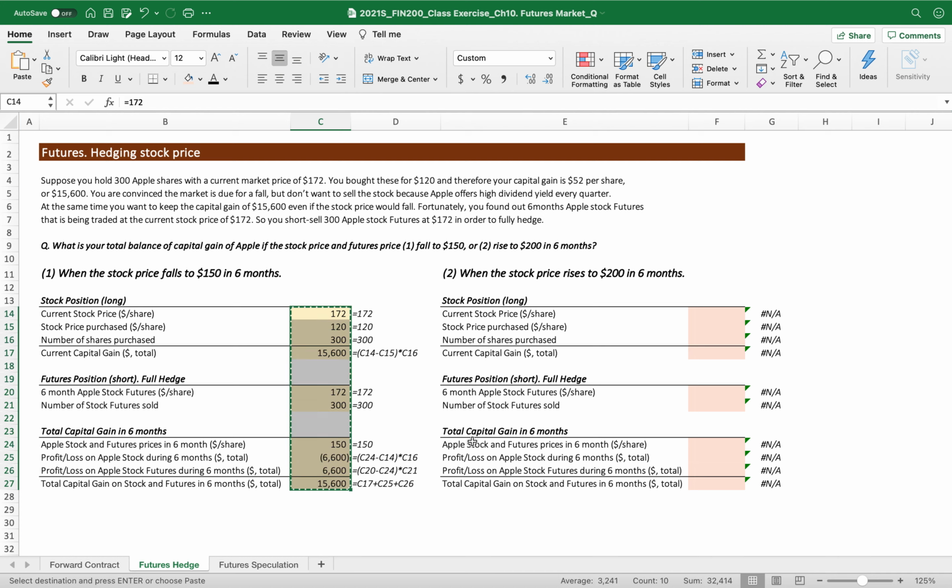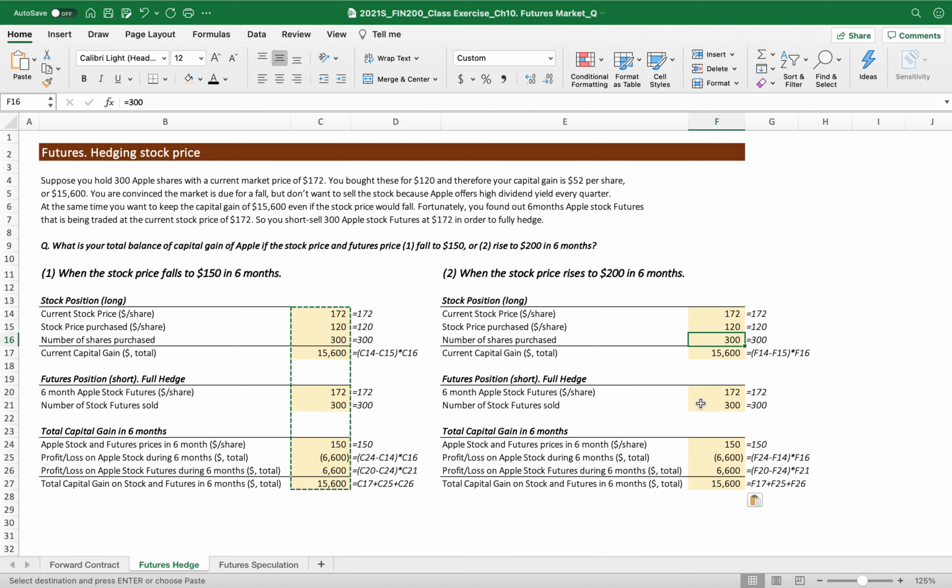Then what happens if the market price goes up to 200? So we put just 200 right there instead of 150. In 6 months the price of Apple actually went up to 200, not 150.